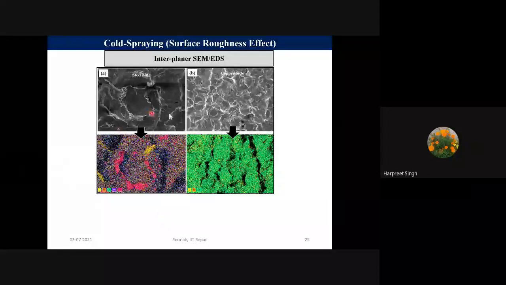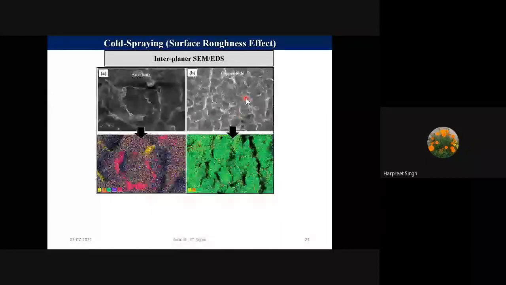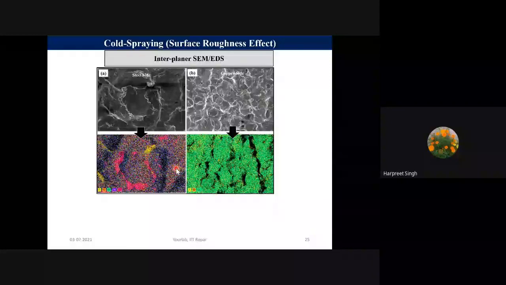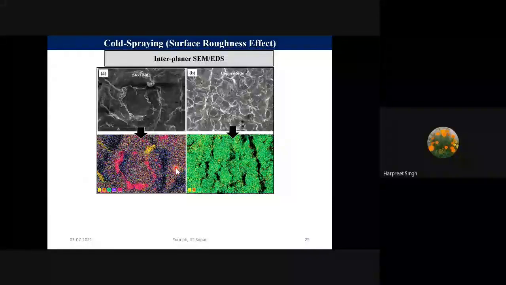Now this steel side is also having copper. This red is copper here. These are EDS images, these two, right? These surfaces, we took the EDS. EDS is now giving us the element distribution of several elements, which further gave us an idea of what's happening, right?